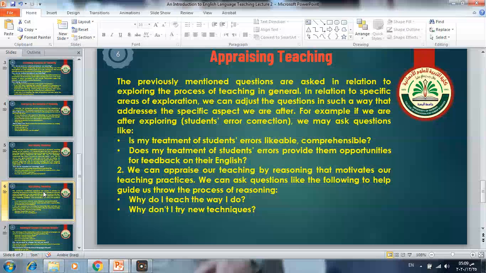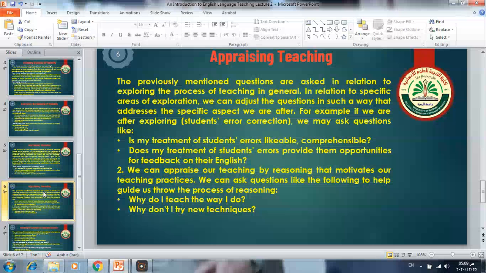If you correct your students' errors, you don't have to say it is good or bad. No, you have to say, is it likable? Do the students like the way I correct their errors? Or do they understand it? Do they comprehend the way I correct their errors?